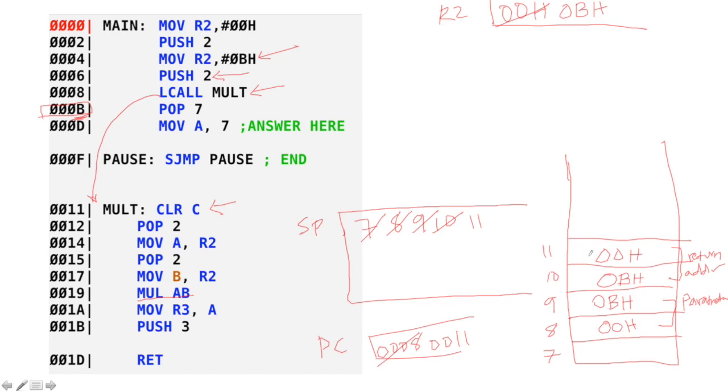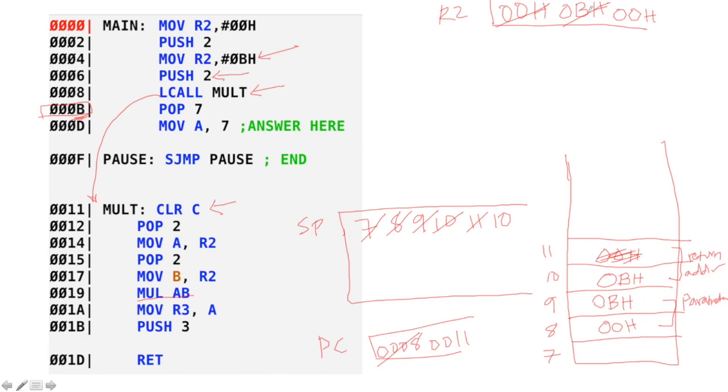So pop is going to take the top of the stack here and place the results in register 2. Pop happens to be post decrement, so once pop is done, the stack pointer changes to 10. So essentially there is no value here. Well, actually the value 00 stays there, but we are just deciding that it's not there.